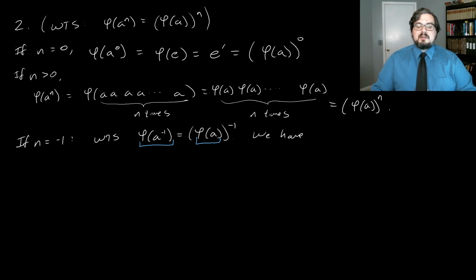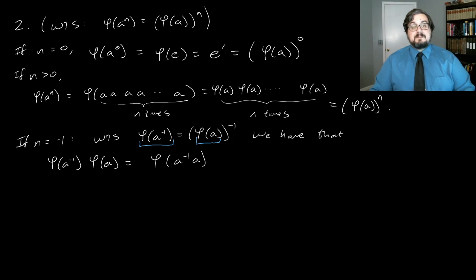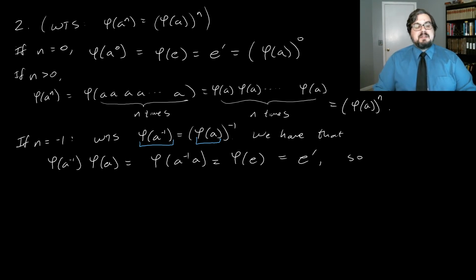We have that phi of A inverse times phi of A is equal to phi of A inverse A. That's because phi is a homomorphism. That's phi of the identity. And by part 1, phi of the identity E is E prime. So that means that these two elements that we started with are inverses of each other. And in particular, this means that phi of A inverse is the inverse of phi of A.